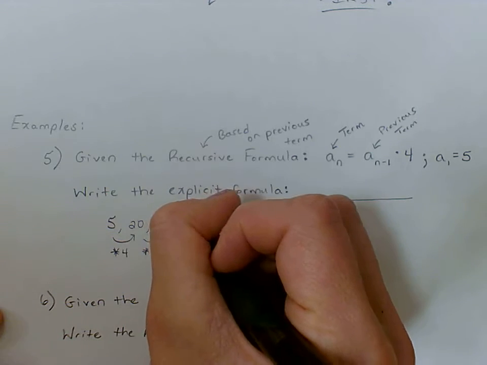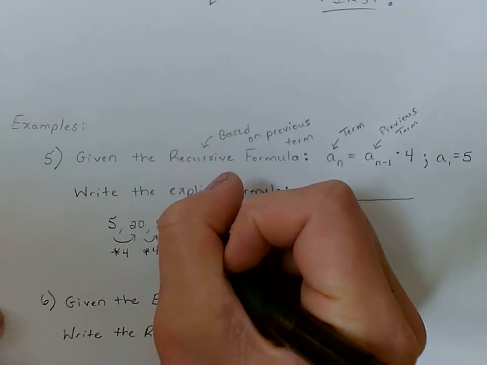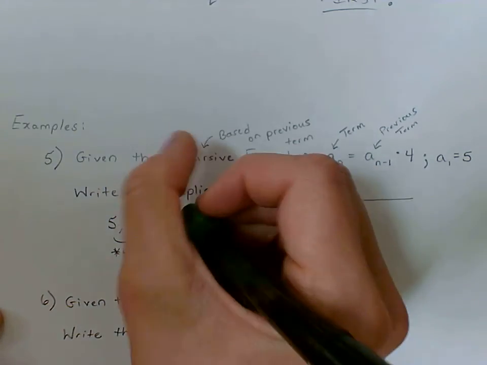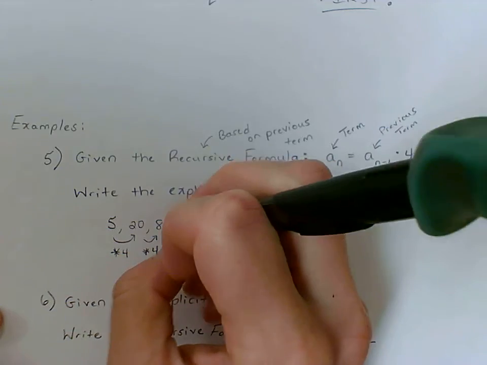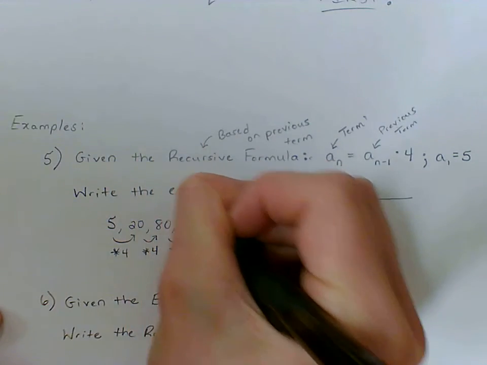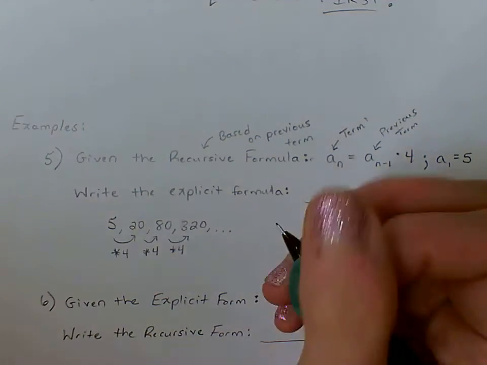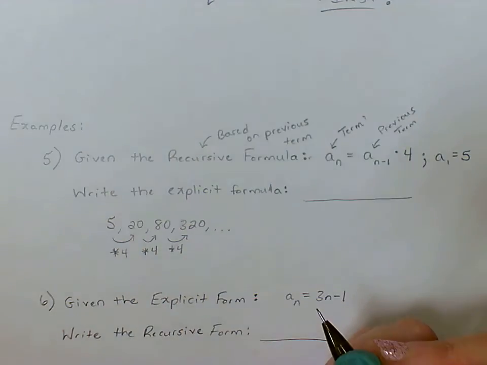And if I go again, 80 times 4 would give me 320. I don't think I made my space big enough. Okay, and then I could keep going, because you can write it out however far you need to be able to see what's going on in the sequence to write the other equation.